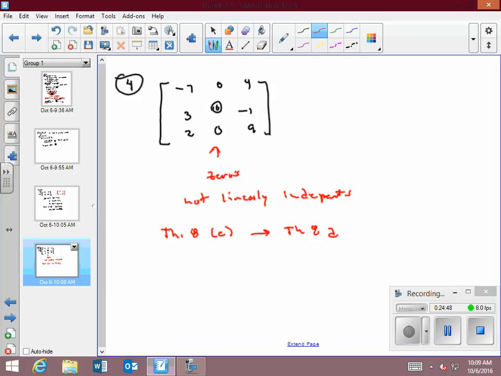Now, if you think about it, if you tried to get this matrix into reduced echelon or echelon form, you could never get a 1 in that column because there are zeros.